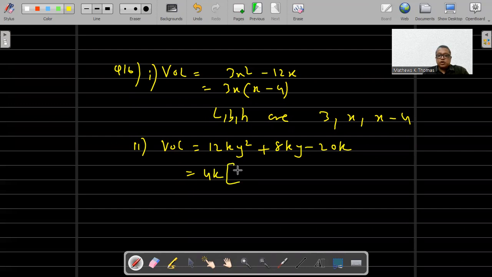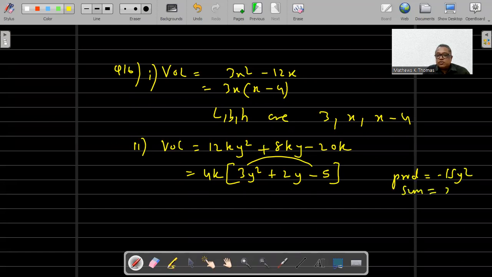So when I take 4k common, I'm left with 3y square, right? 4 goes 3 times, plus 4 goes 2 times, 2y, and 4 goes 5 times. So I'm getting a quadratic polynomial here which I can split. When I multiply the first and last, the product is coming negative 15y square. When I add, I have to get 2y.